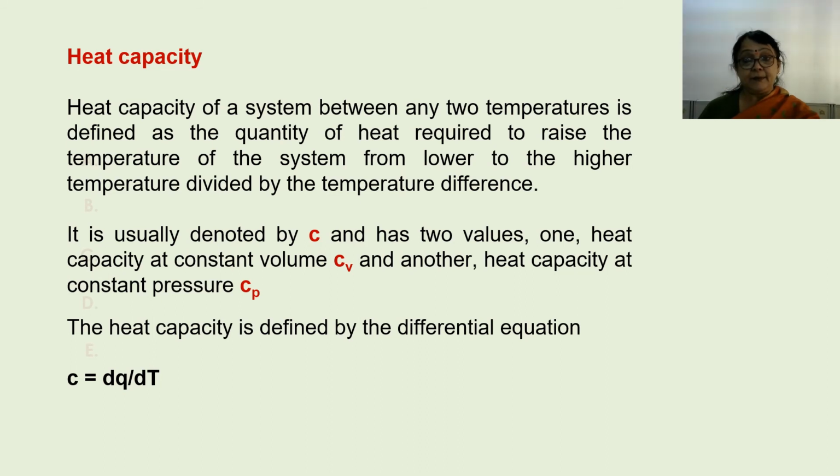One value is the heat capacity at constant volume, denoted by Cv, and another is the heat capacity at constant pressure, denoted as Cp. The heat capacity is defined by the differential equation C is equal to del Q upon del T, where del Q is the change in heat energy and del T is the change in temperature.